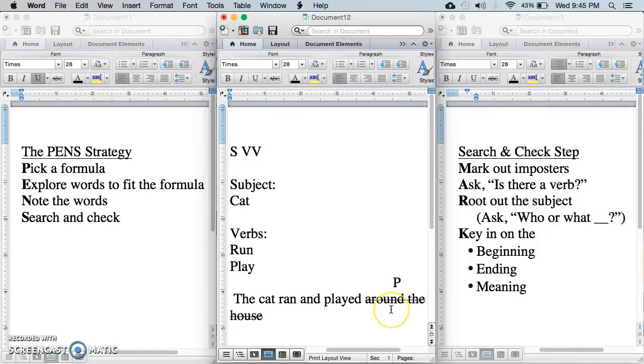Like that. Okay. Around the house is a prepositional phrase. We'll put the P over it, and around the house is where the cat is running and playing, so that's why we know it's a prepositional phrase. So now that we have marked out our imposters, what is our next step in mark?